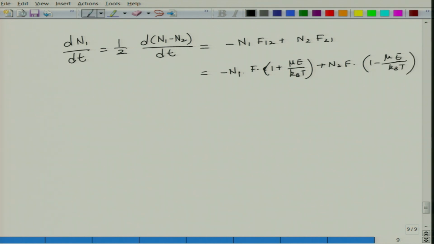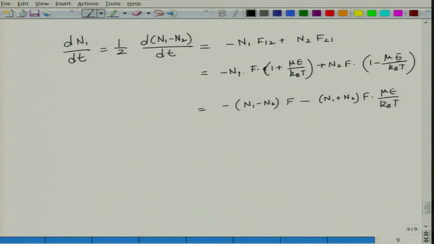If you do some substitutions here, you will get minus (N1 minus N2) into F minus (N1 plus N2) into F mu E by kBT.